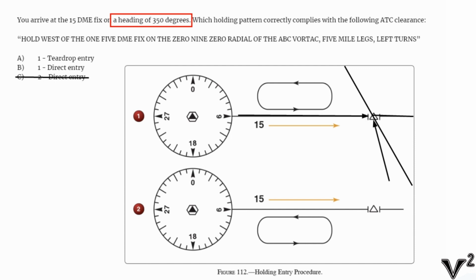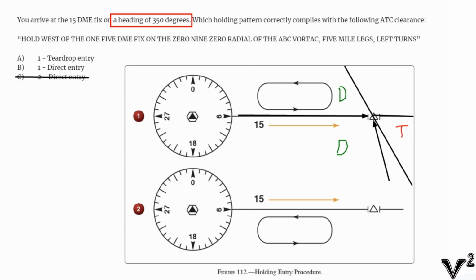So remember, the direct entry side was green. So we'll use green over here. These would be direct entries over here as well. And then remember we divided it up. The red was the teardrop, that was the little bit.